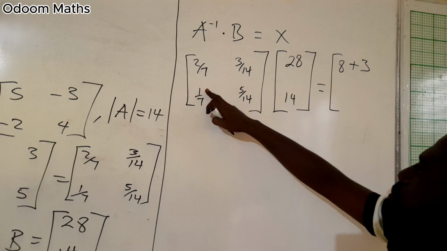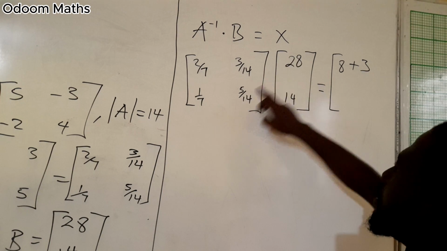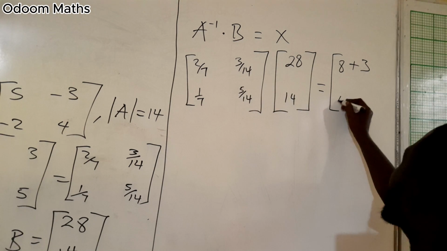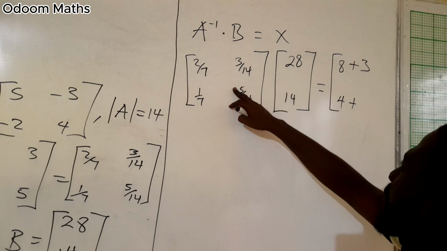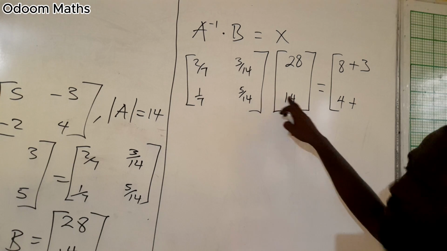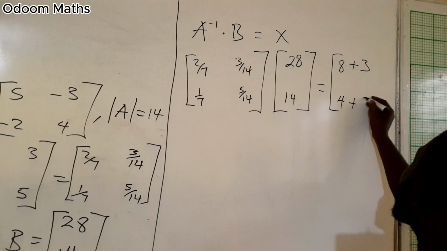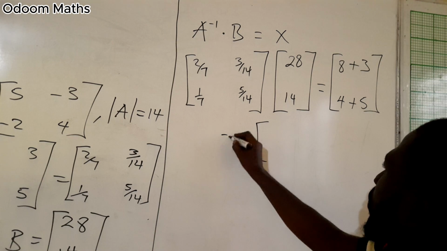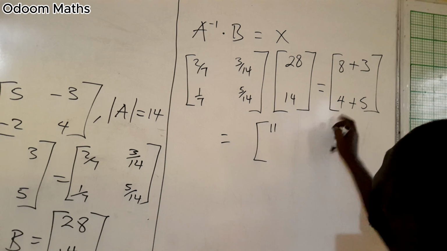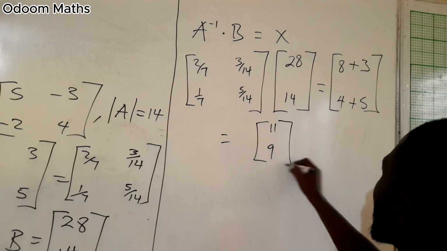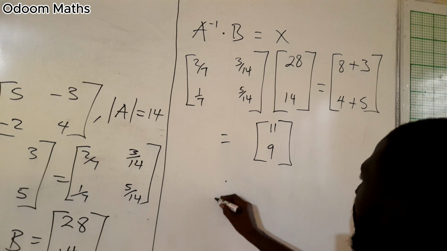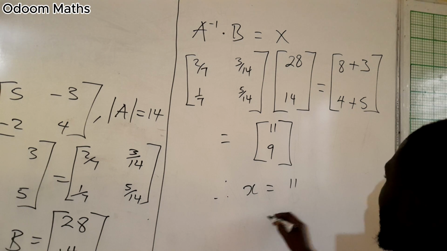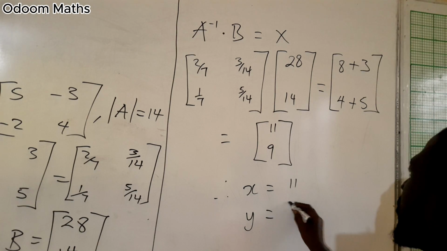Then 1 over 7 times 28: 7 into 28 is 4, times 1 is 4, plus 5 over 14 times 14: 14 into 14 is 1, times 5 is 5. So when we add these, we get 11, and then this one gives us 9. So therefore x is equal to 11 and y is equal to 9.